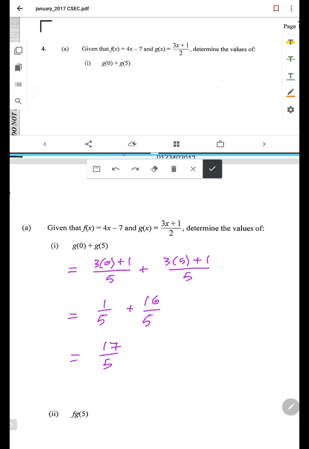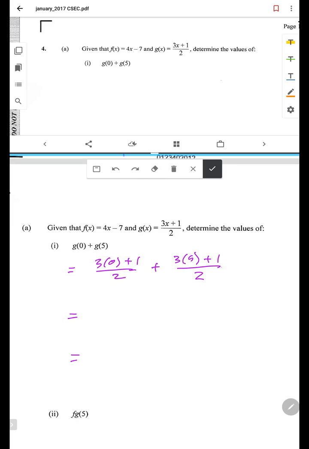Sir, it's not over 5, it's over 2. Oh, my bad, over 2. Let's start over. Let's go back. All right, so it becomes 3 times 0 plus 1 over 2, plus 3 times 5 plus 1 over 2.